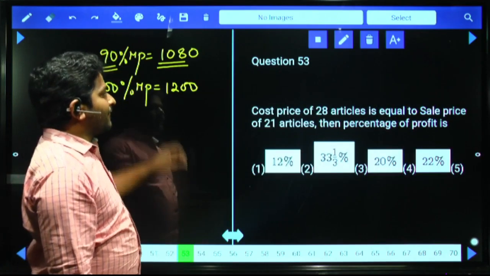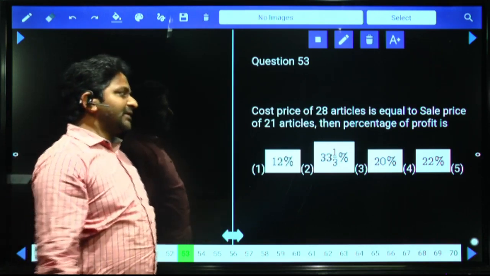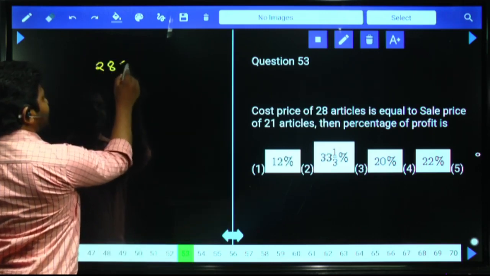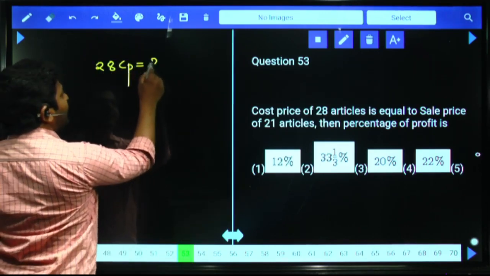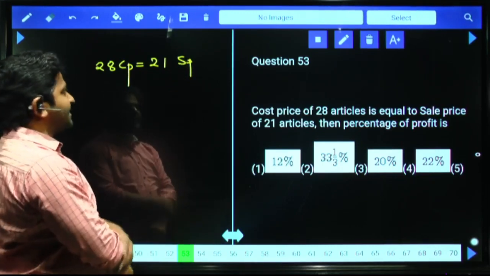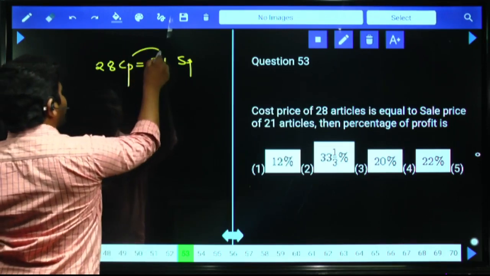Next. The cost price of 28 articles is equal to sale price of 21 articles. The percentage of profit is? Now for these types of questions we already discussed, we go for rainbow.